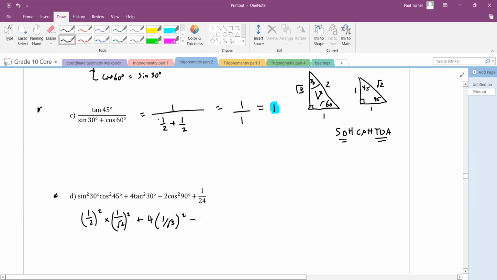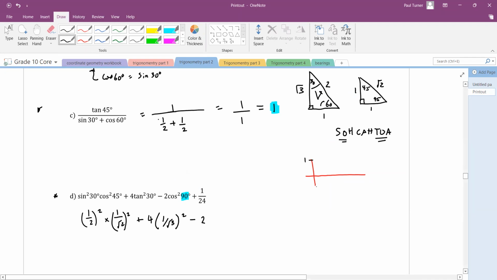Minus 2 cos 90. Now remember the 2 graphs that I drew for you? So cos 90, let's think about the cos graph, because now we have a boundary angle. 90 is called a boundary angle, and we can't form triangles like this when we need to get cos 90. So I prefer the wave diagram.